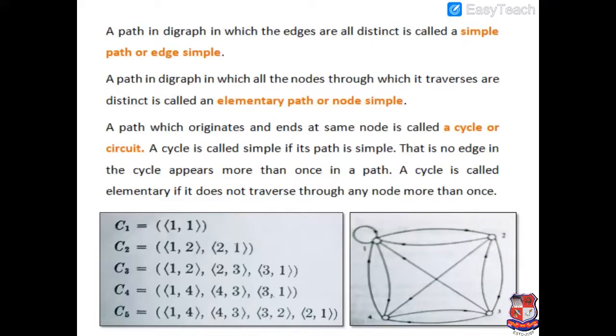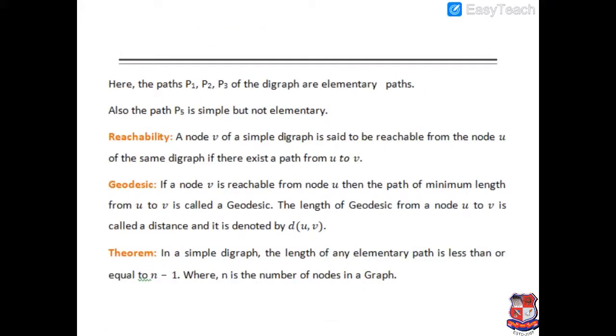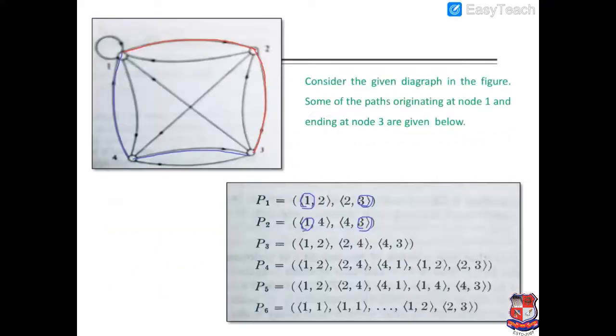Here all the cycles start with vertex 1 and end with vertex 1. In the paths that we discussed before, paths P1, P2 and P3 of the digraph are elementary paths, because no nodes are repeating in the given paths.